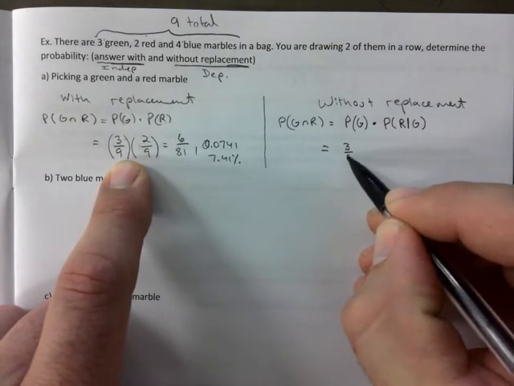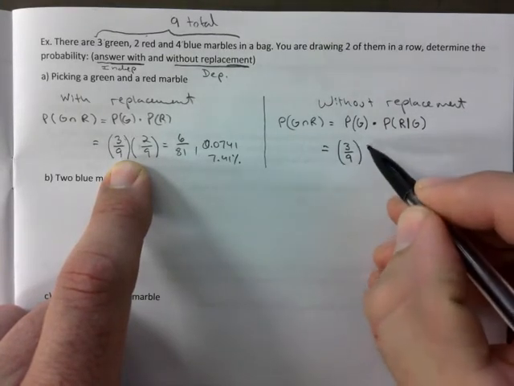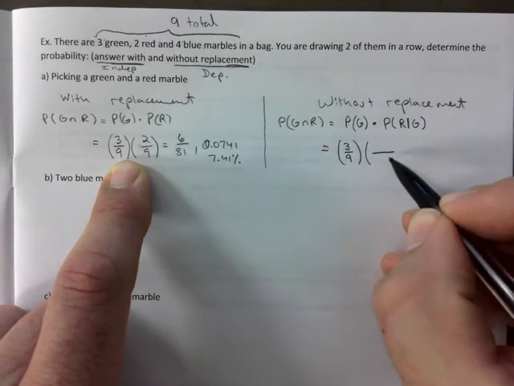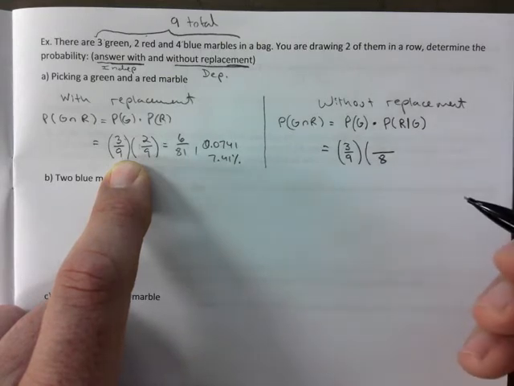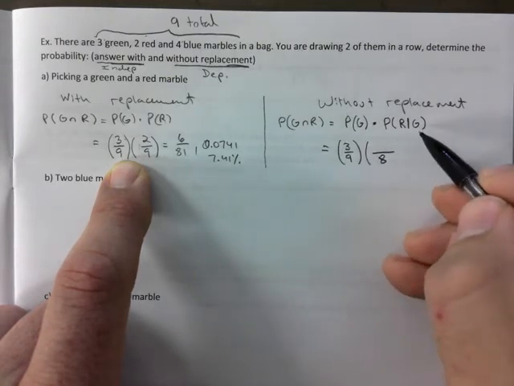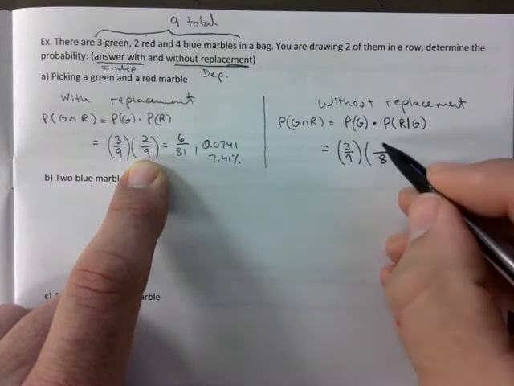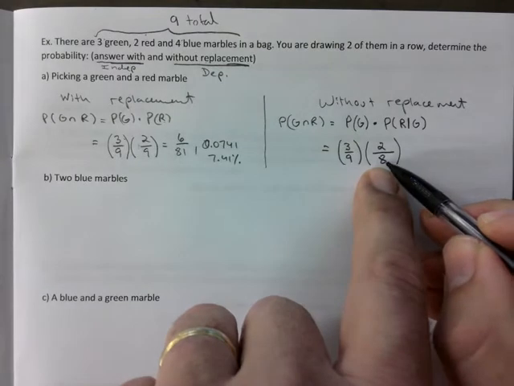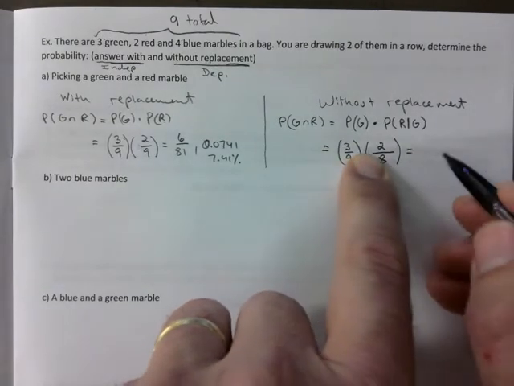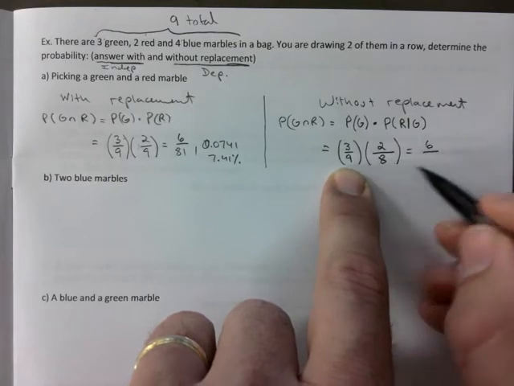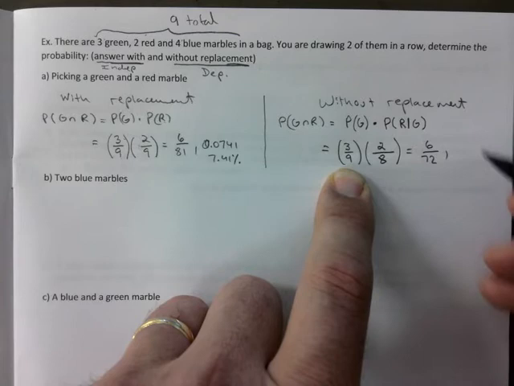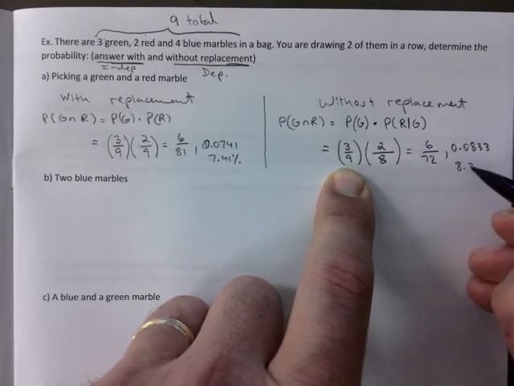Probability of green is still 3 over 9. And what's the probability of drawing a red given that you haven't replaced it? Well, you have 8 left, correct? And how many reds were there again? 2. So that is all that changed in this case. 3 times 2 is 6. 9 times 8 is 72. 6 divided by 72 is 0.0833, which is 8.33%.